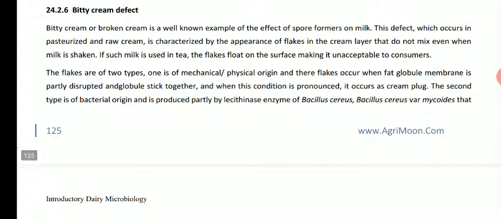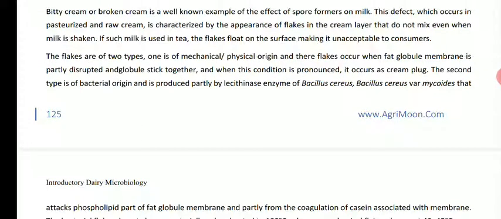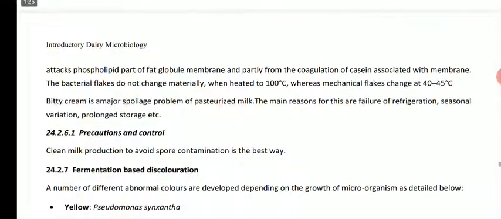These flakes are of two types, one of mechanical and the other of physical origin, and flakes occur when the fat globule membrane is partially disturbed and the globules stick together. So this condition is the second type. These changes in formation of flakes are brought about by mechanical or physical means, or there are some microbes that produce enzymes known as lecithinase, produced by Bacillus cereus and other Bacillus species.